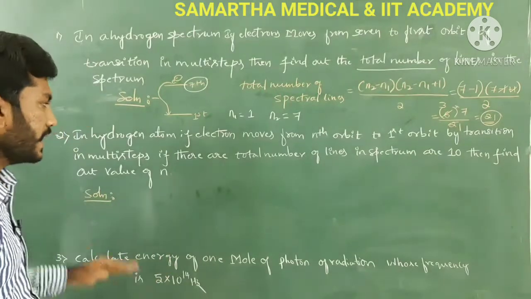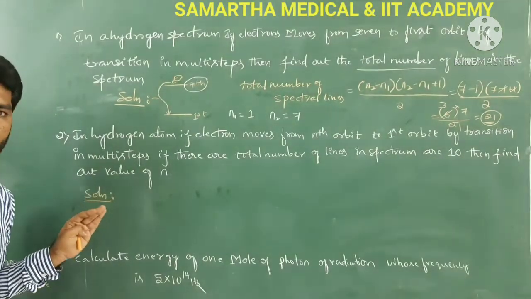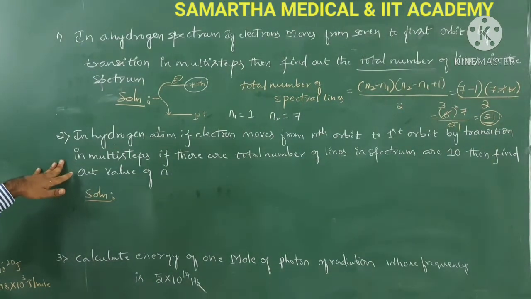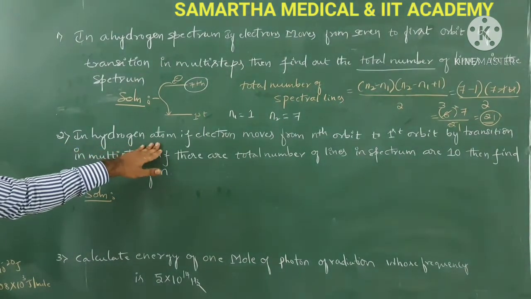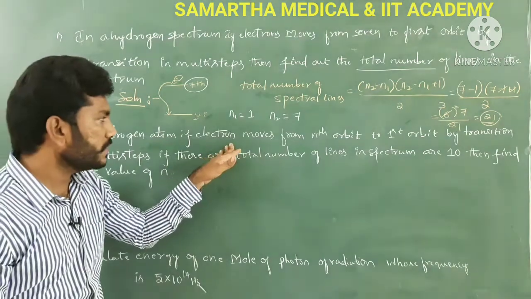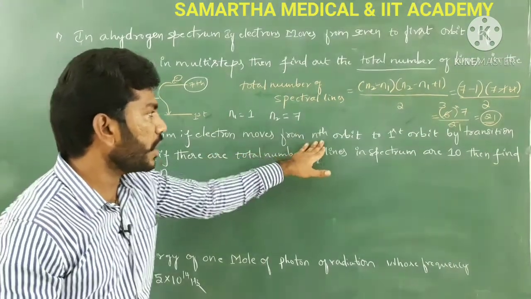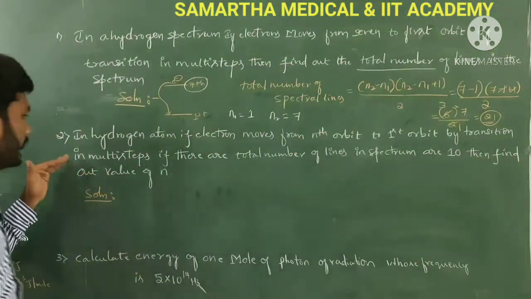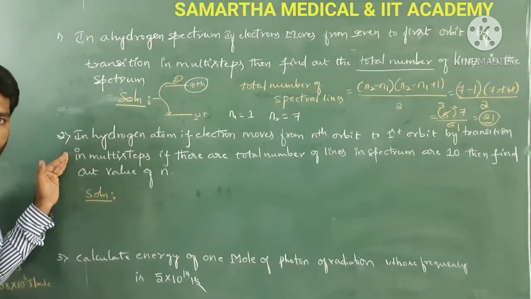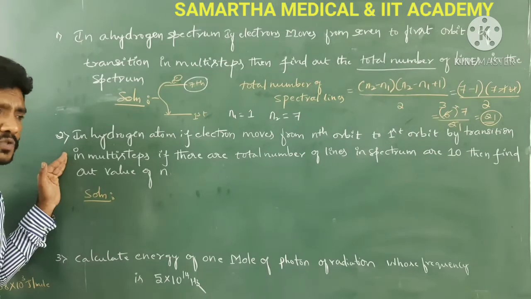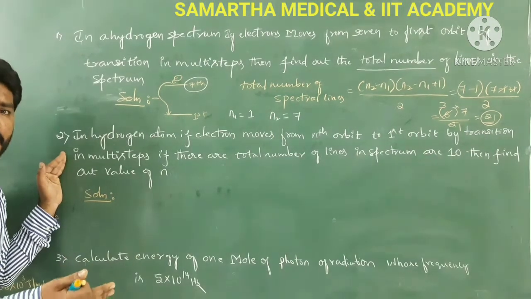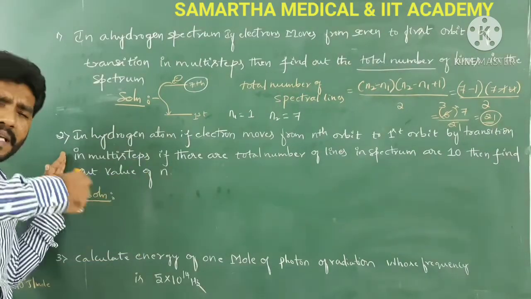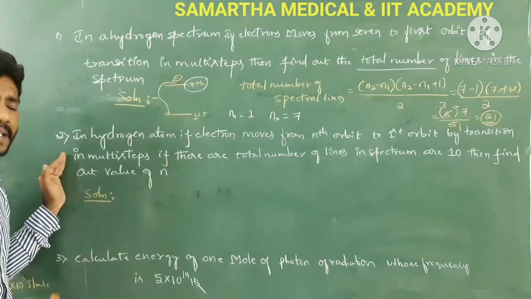So let's go with the second one, guys. The second question will be like this. In a hydrogen atom, if an electron moves from the nth orbit to the 1st orbit by transition in multi-steps, multi-steps means that the electron has to go through the Pfund series, Lyman series, Balmer series, each and every series, isn't it?